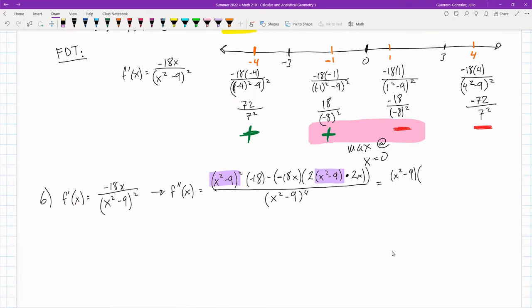Oh, whoops. This one was squared, so I get left with one of those, x squared minus 9. Let me write it down below. This is going to get nasty. So there's going to be an x squared minus 9 times negative 18 plus 18x times, this is gone, 4x, all over x squared minus 9 to the 4th. Okay?